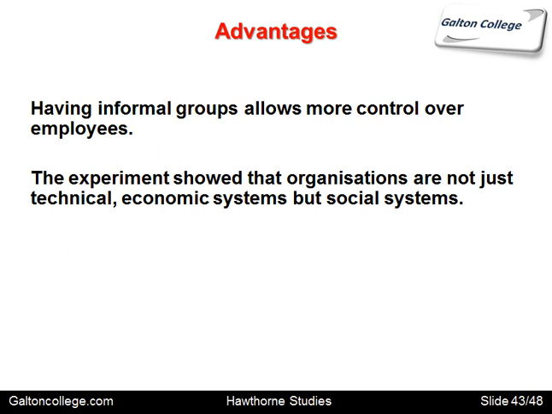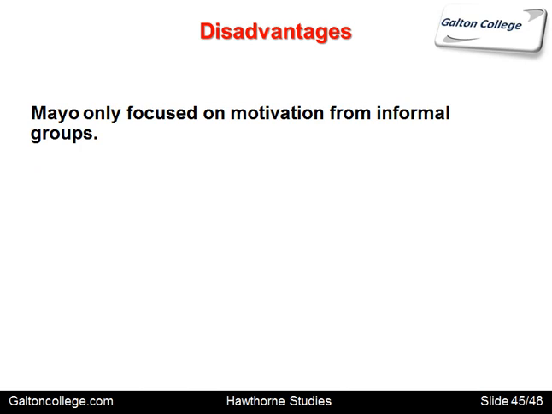The experiments showed that organizations are not just technical economic systems, but social systems. That's the point, and that is most important. The disadvantages of this approach. Well, Mayo only focused on motivation from informal groups.